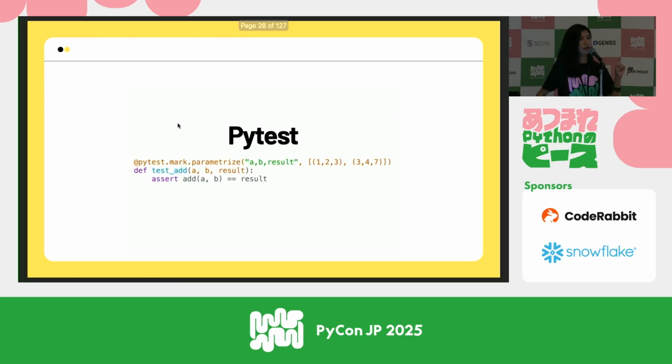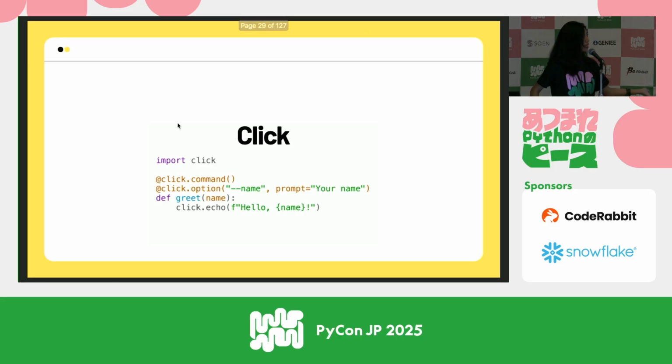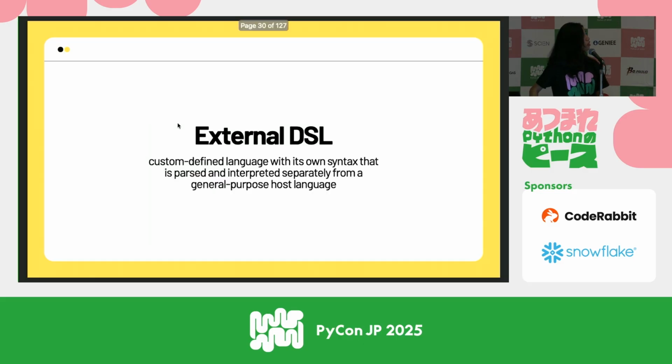For example, PyTest is also considered domain-specific, since the domain itself is a testing framework. And you still have to follow certain rules if you want to use PyTest, like you have to define your function name starting with test, let's say. Or it can be Click, which follows the Python decorator rules.